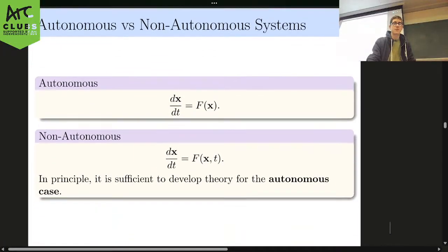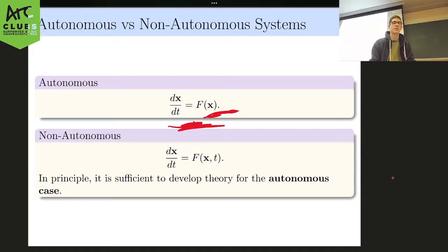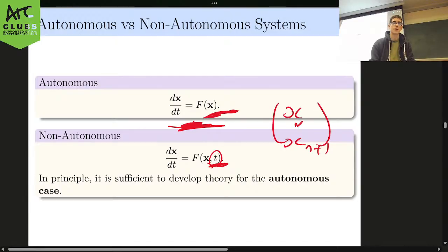So moving on, we have two different cases, autonomous and non-autonomous systems. An autonomous system is where our system is independent of time. So that's what we had before. There's no time on the right-hand side, whereas non-autonomous is where we have a t here. But it turns out, in theoretical terms, we can just replace this t with x_{n+1}, and then if we add that to our current x, the derivative of this would be the same as what we had before, which is f of x and x_{n+1}, and then we just have this as well, 1, right?